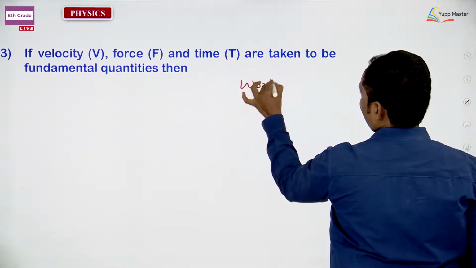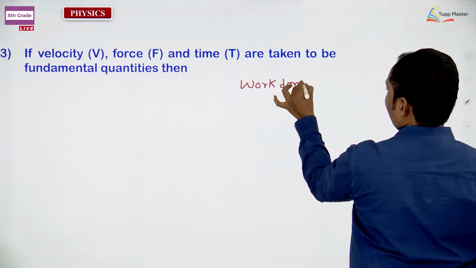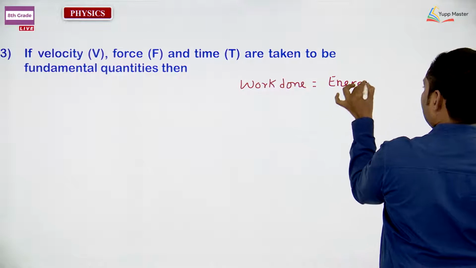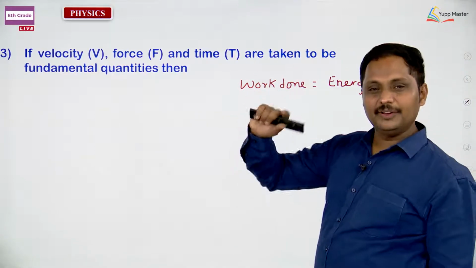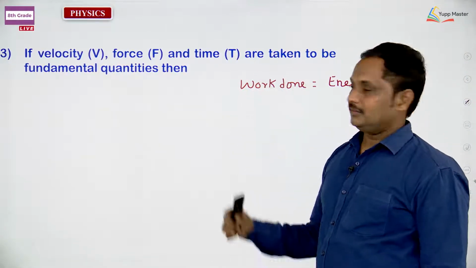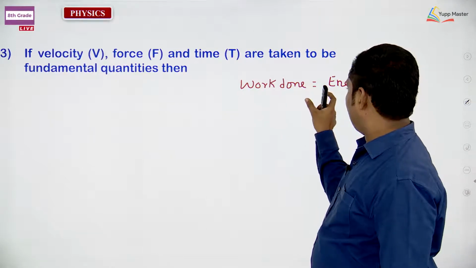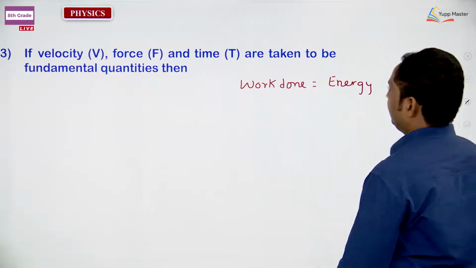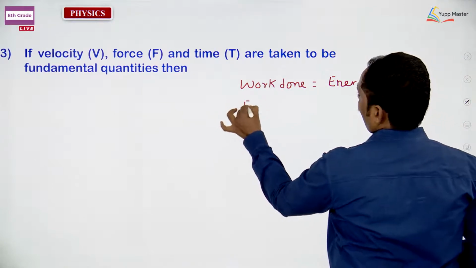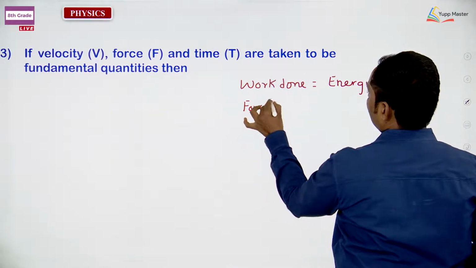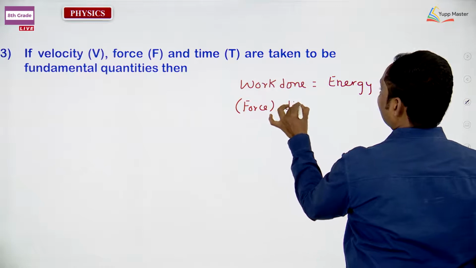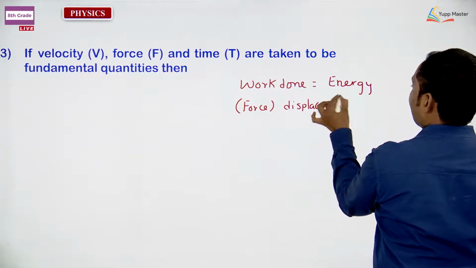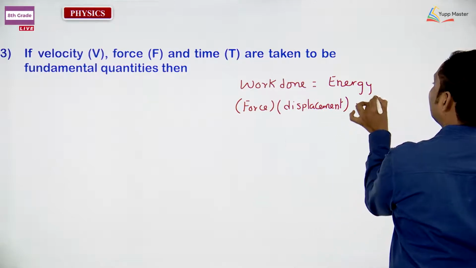Work done is equal to energy. We will take this relation, we will get the final relation. Just take it in another form, work done. Yeah, work done is equal to force into displacement. Very clear, that is equal to energy.